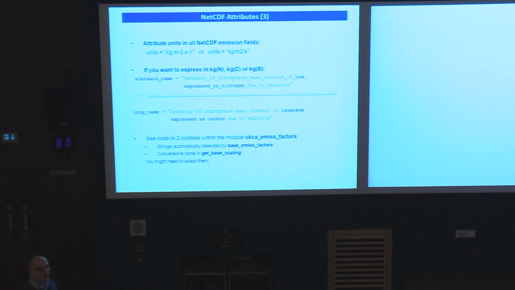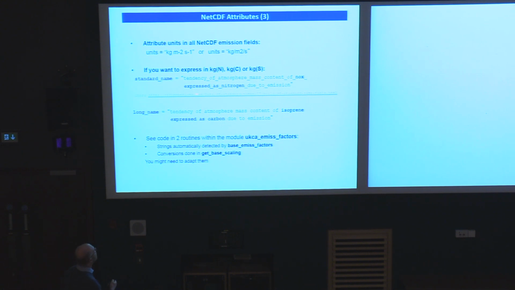In the same way, isoprene, or other VOCs, could be expressed as a mass flux having the molecular weight of the species, or as a carbon flux. And the model can then correct for this. And in order to do this, you must have, either in the standard name, if it exists, and if not, then in the long name, the following wording: expressed as, and then nitrogen, carbon, or not.